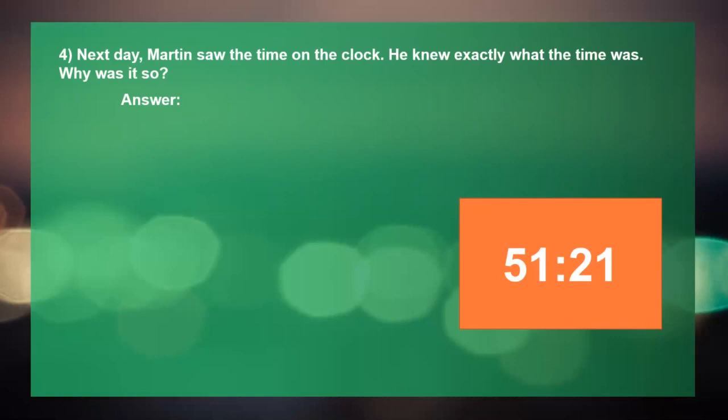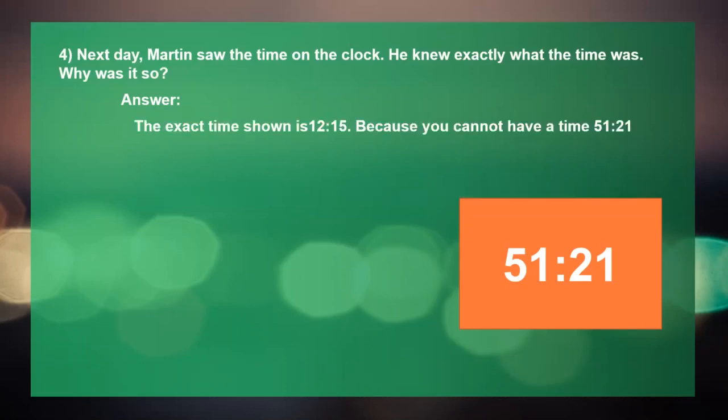Then, to find the exact time, just read it in the opposite way, like 12:15. Yes, there exists a time like 12:15. So we can write the answer like, the exact time shown is 12:15, because you cannot have a time 51:21. So this is the answer. You know the exact time. Why?